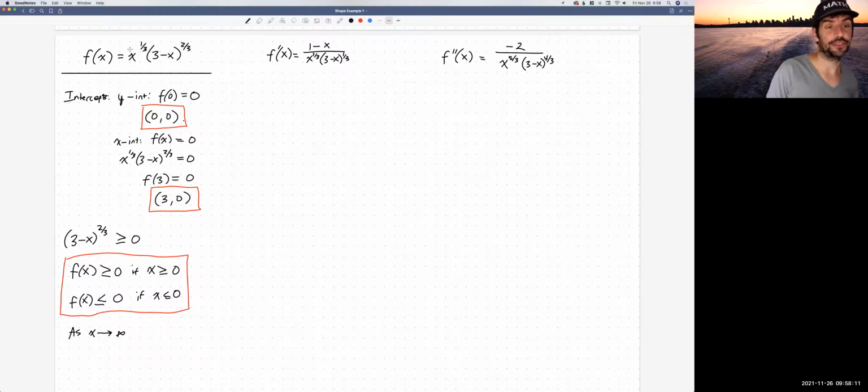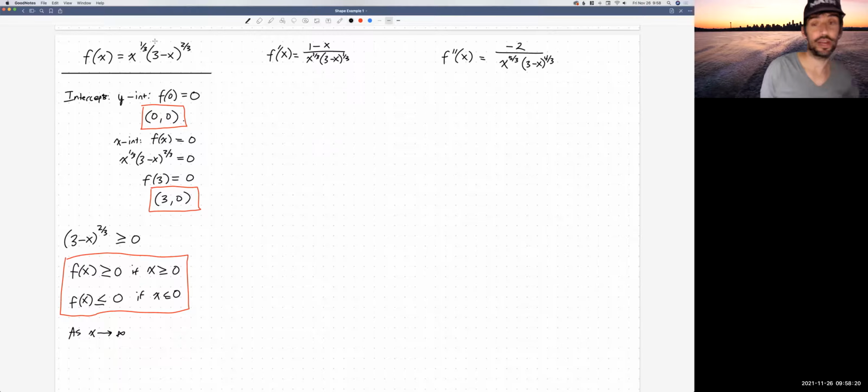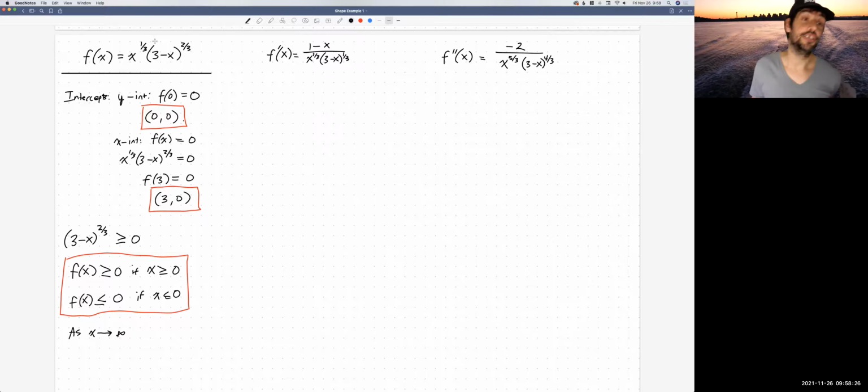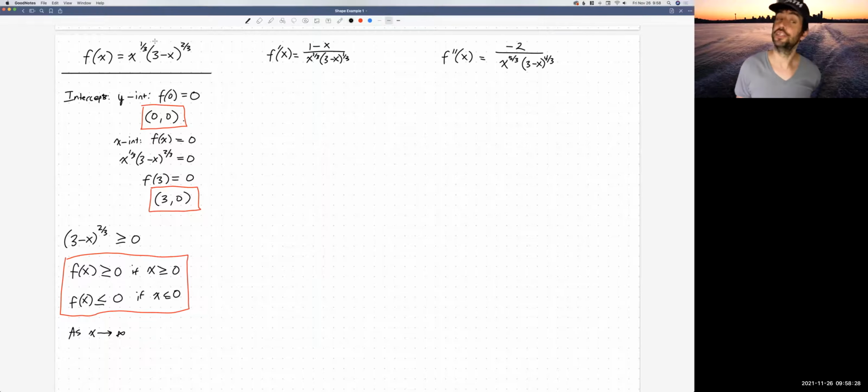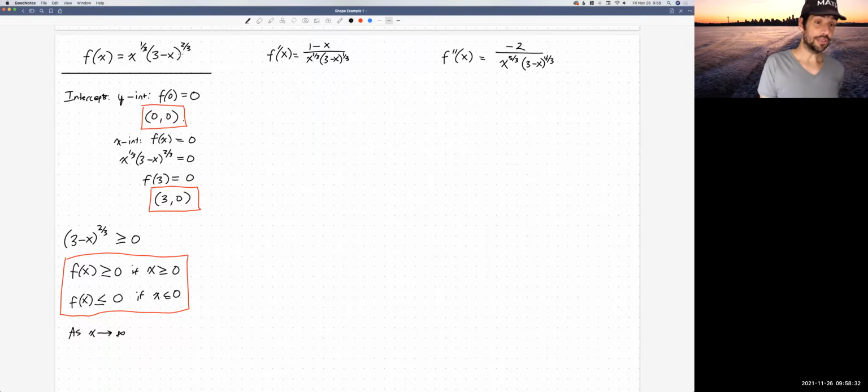Well, let's look at our function. If I put in larger and larger values for x, positive values, x to the 1/3 is getting really large, right? Taking that 1/3 root makes it smaller, but we're still getting large. The cube root of a billion is big. The cube root of a trillion is even bigger, right? A similar thing happens here.